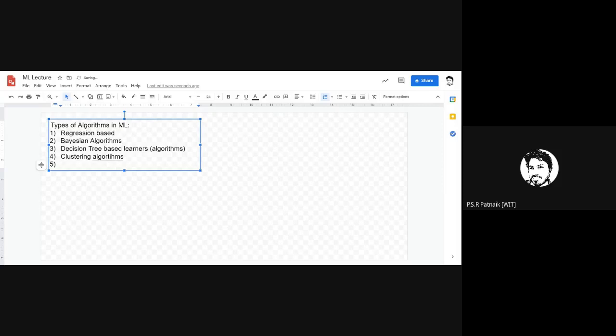And the fifth one, can anyone guess? Is there any fundamental type which we missed? Let us keep them in order to be very clear. The fourth one are instance-based algorithms. And we can also call dimensionality reduction algorithms.